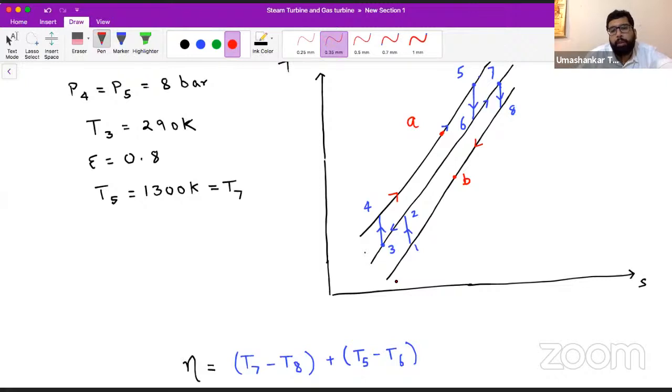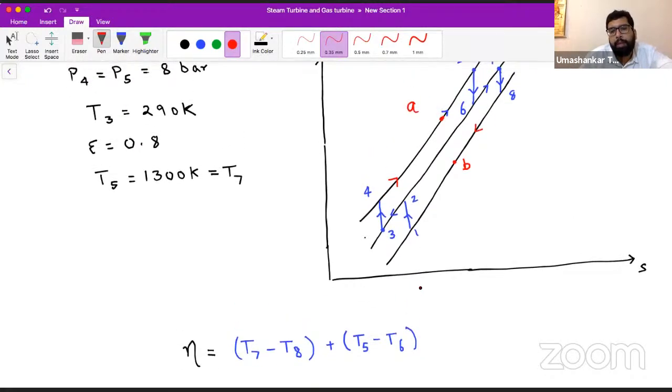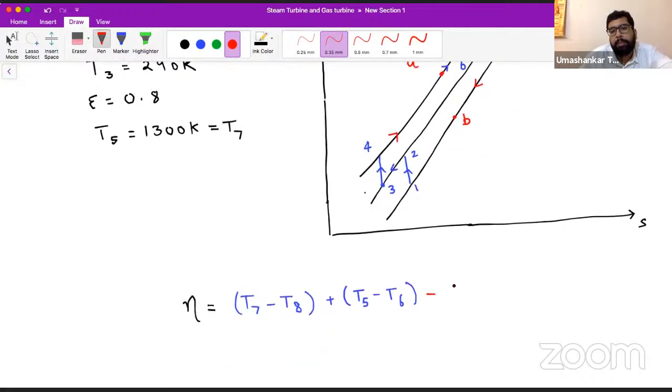So now we have the turbine work combined, T7 minus T8 plus T5 minus T6, minus the compressor work, that is T2 minus T1 minus T4 minus T3.